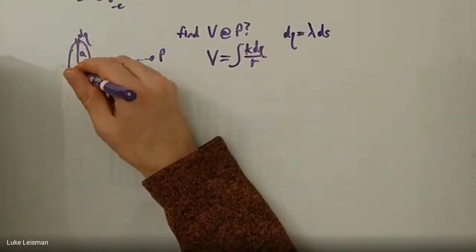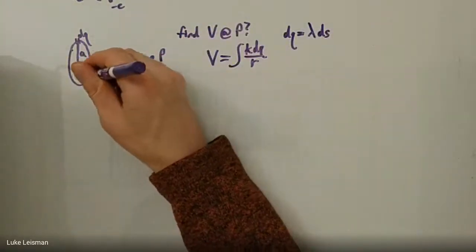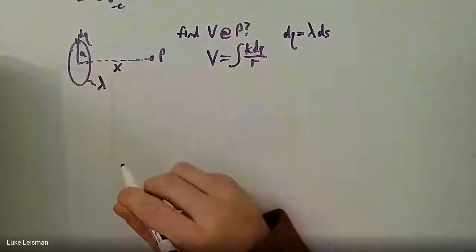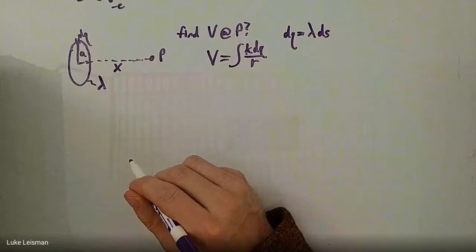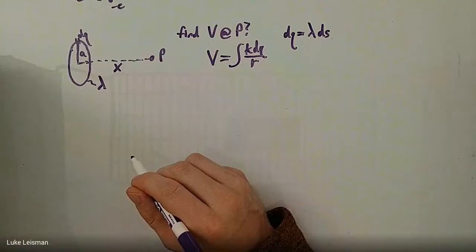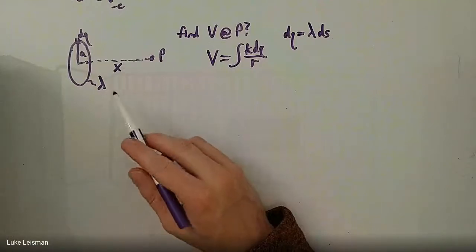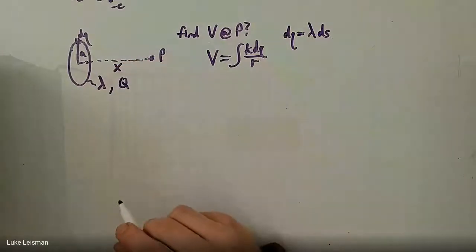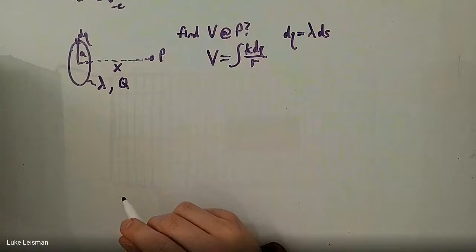I forgot to say that our hoop should have a charge density lambda. So we'll give the hoop a charge density lambda. Or, we could say that it has a total amount of charge Q. Either way, it gets written both ways.